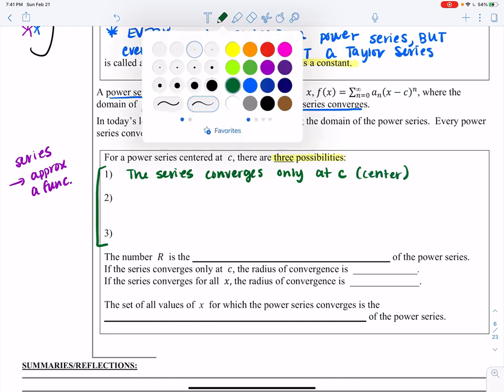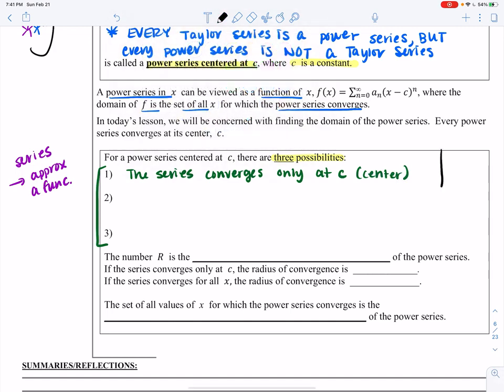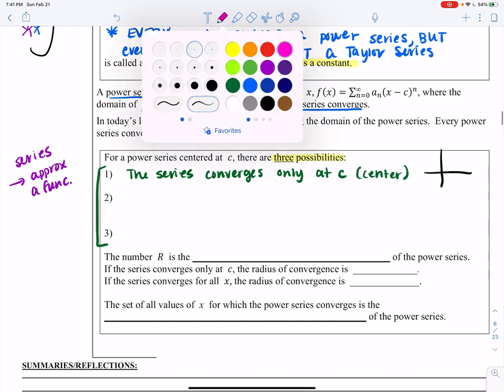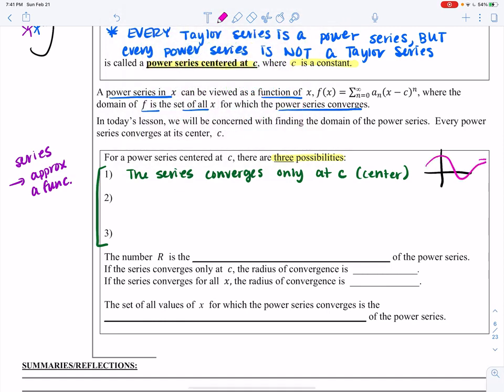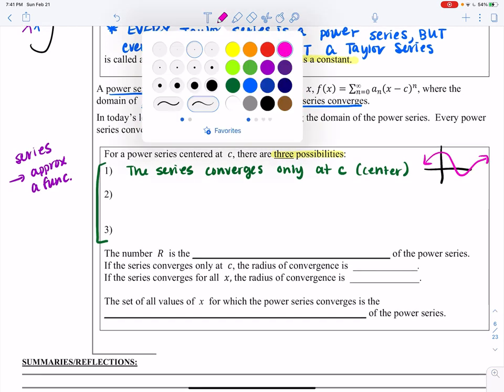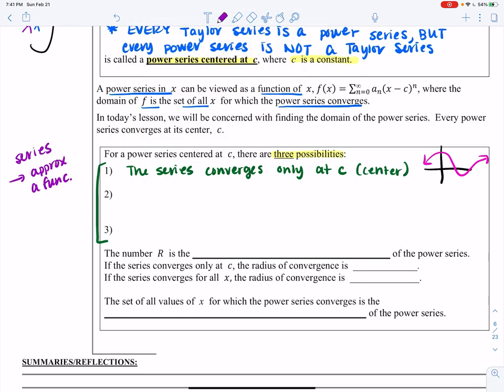Now, what would that look like? So here we have some function, and I have a polynomial that I've built for that function. Let's call this spot right here the center. And that polynomial only approximates that function at c and c only. Okay, so center only.